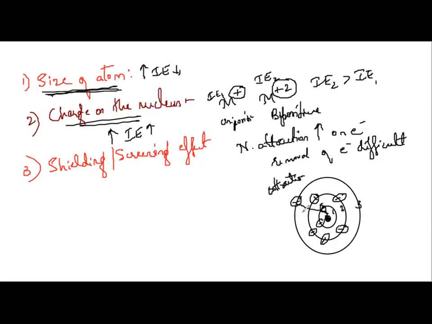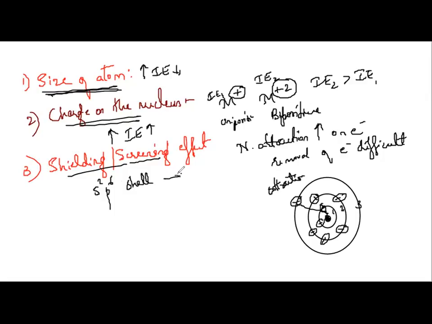Instead, the total attraction of the nucleus is reduced by the electrons in the inner shells. This effect of reducing the force of attraction on the valence shell is called the shielding or screening effect.